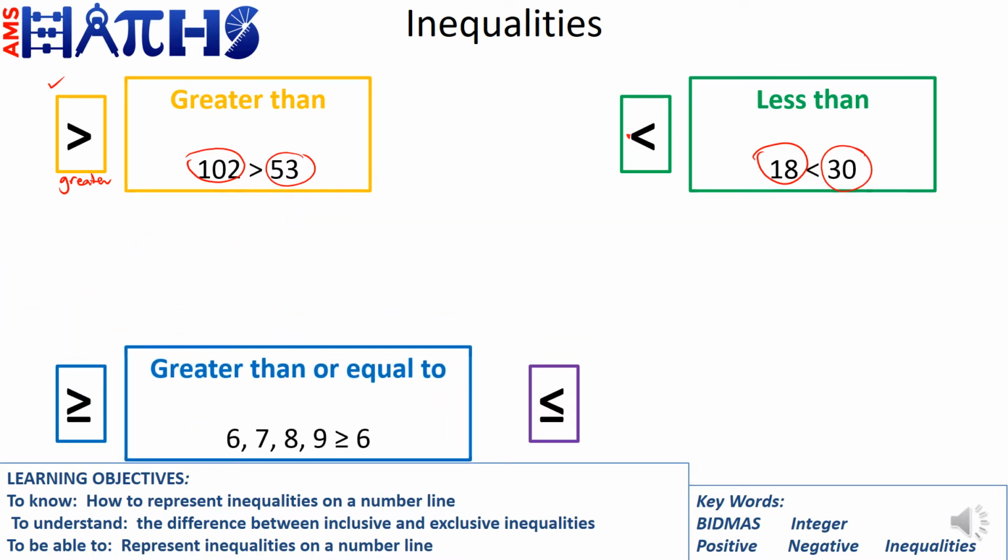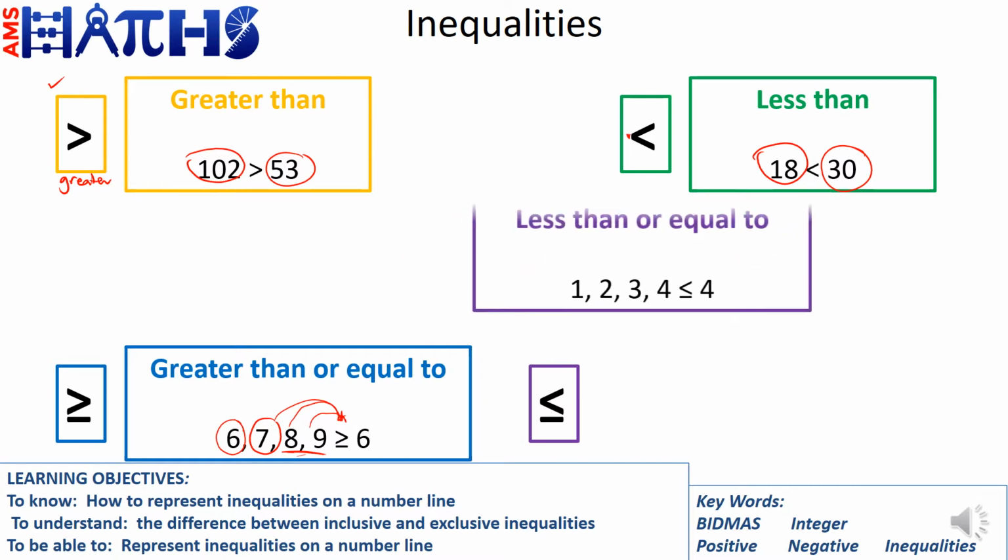Then we have greater than or equal to, so we need all the numbers that are bigger than or equal to 6, right? So 6 is equal to 6, 7 is greater than 6, 8 is greater than 6, 9 is greater than 6, so they're on the side where the open bit is.